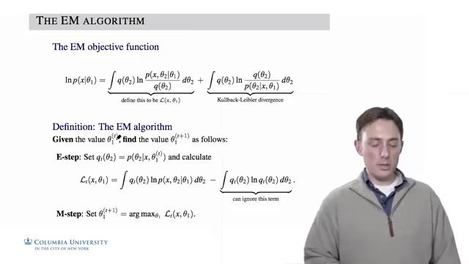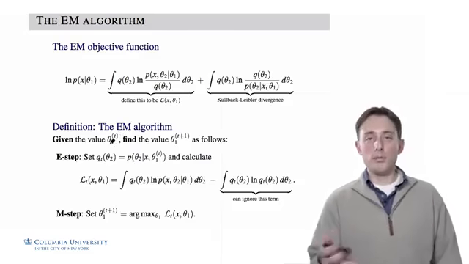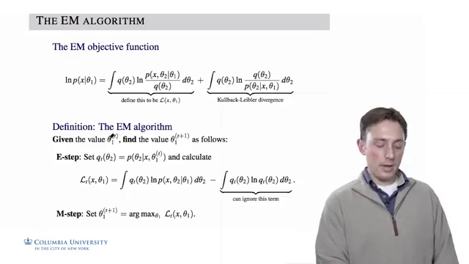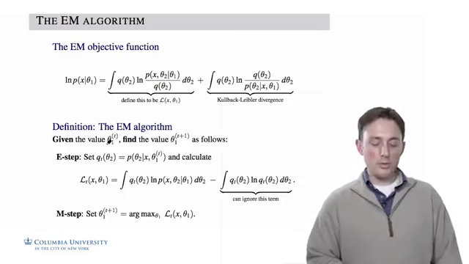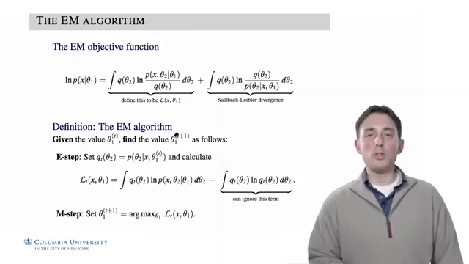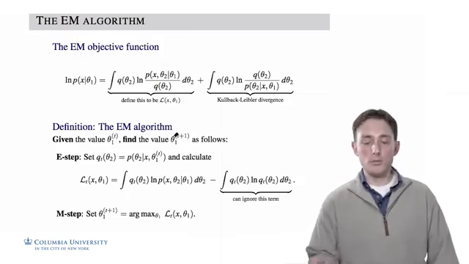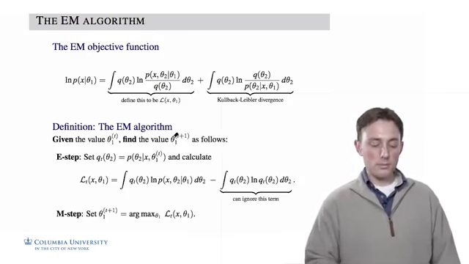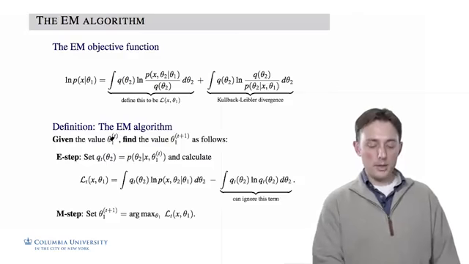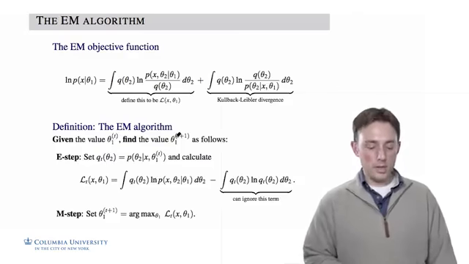At the first iteration, this could perhaps be randomly initialized, but at the tth iteration, we have a value for theta 1. And our goal now is to find the value for theta 1 at iteration t plus 1. So this is our input, and this is going to be our output of the tth iteration.